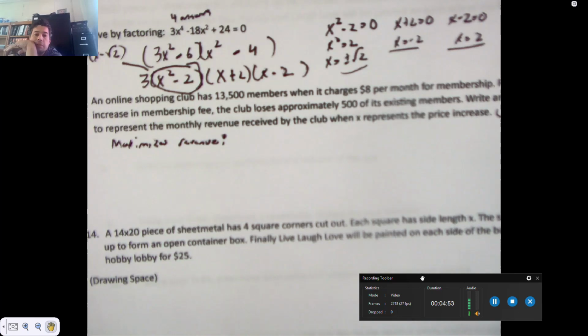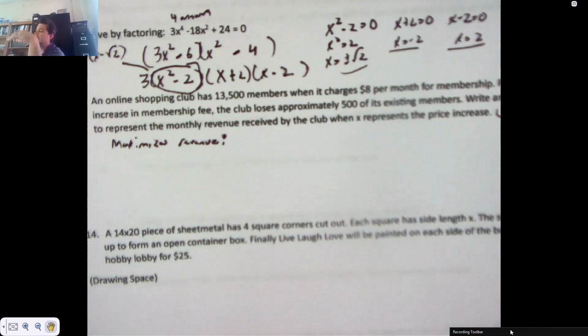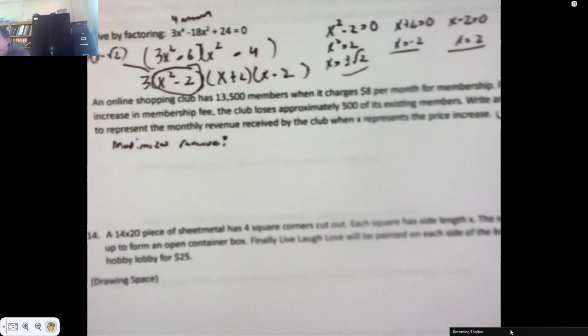Anyways, it has 13,500 members when it charges $8 per month for membership. For each $1 monthly increase in membership fee, the club loses 500 of its existing members. Write and simplify a function R to represent the monthly revenue achieved by the club when X represents the price increase. So I don't know that the average kid could do this.